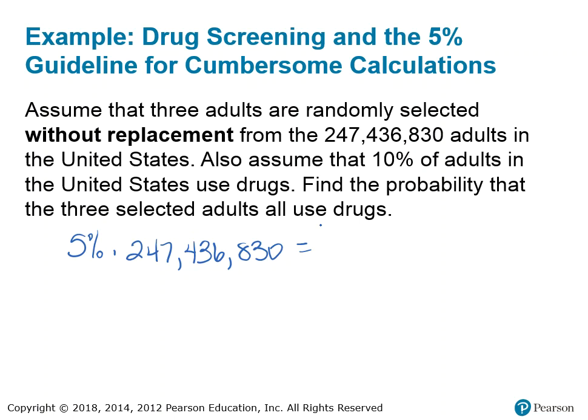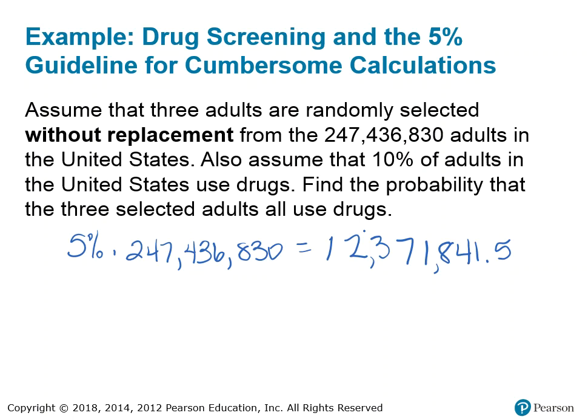So it's still a nice large number, 12,371,841.5. So it's still 12 million. So if we have anywhere less than 12 million in our sample, we are still under the 5%.